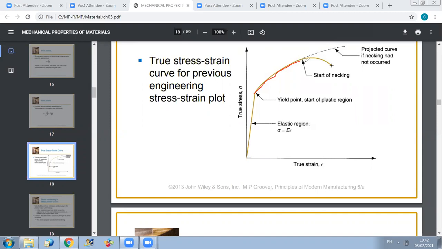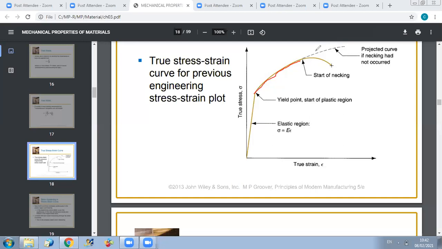On the other hand, this period will stop when we have the start of necking, because when necking starts, the true stress will decrease. This is why the plastic region before necking is called the strain hardening zone, and after necking, when the necking process starts, the true stress will decrease, and we cannot say anymore that we are in the strain hardening zone.